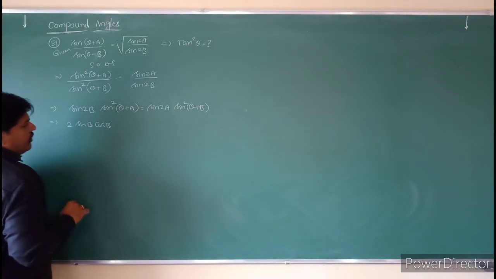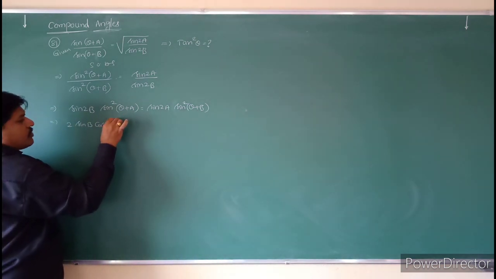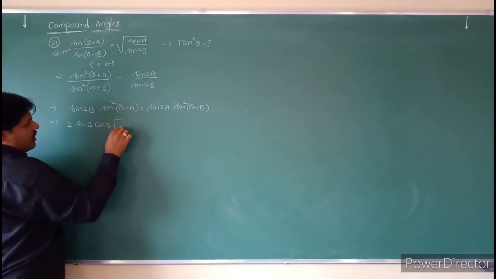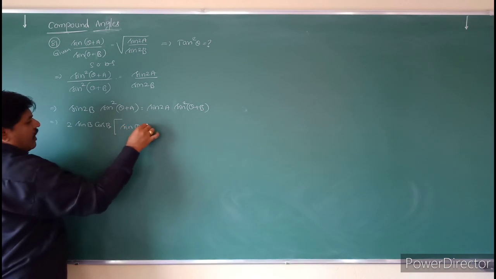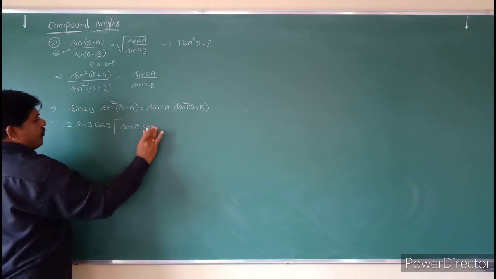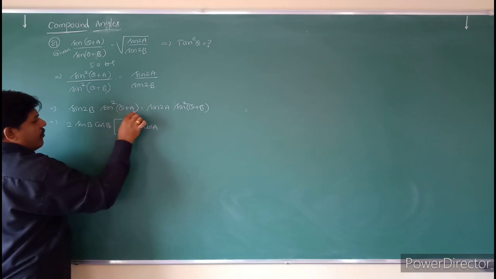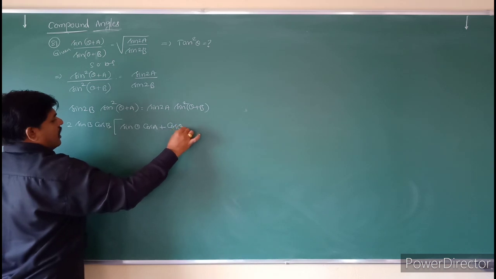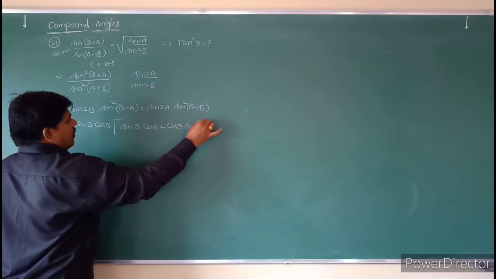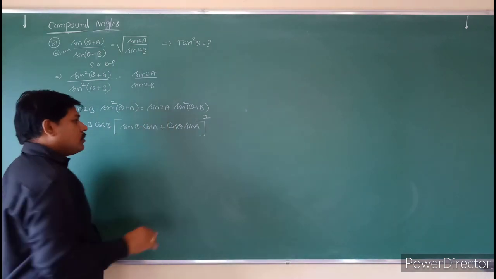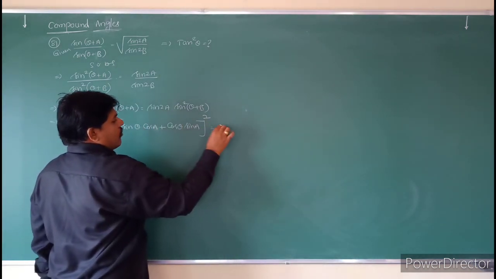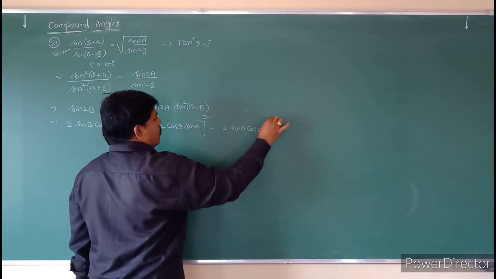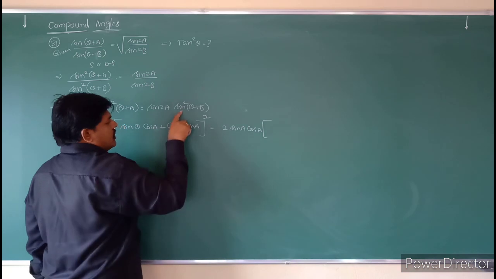So the sine of (a plus b) formula, students, here that is nothing but (sine a cos b plus cos a sine b) whole square, that is equal to sine 2a formula, 2 sine a cos a, into sine of (a plus b).